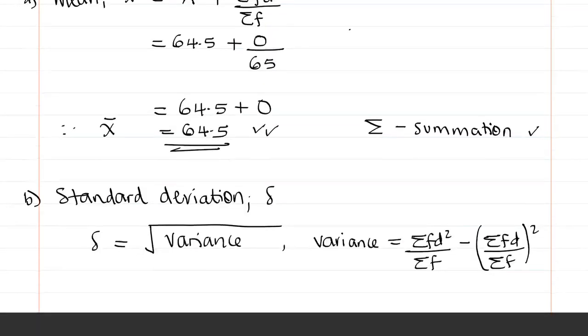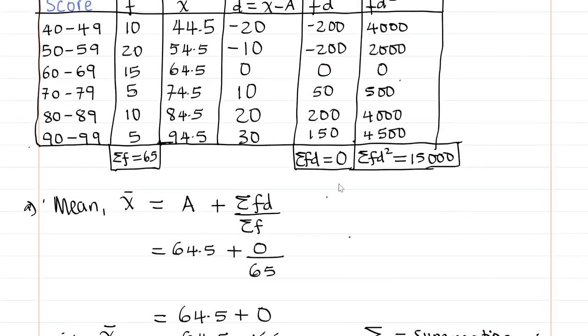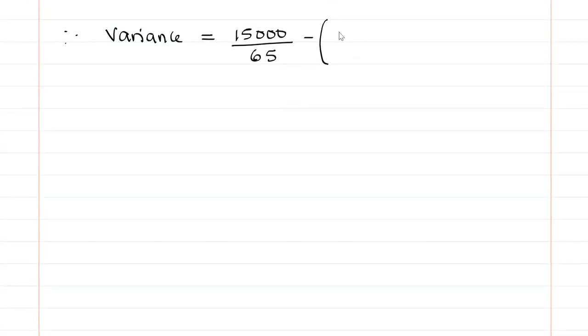We look for the summation of fd. Summation of fd was 0, as you see here. So 0 out of the summation of f, which was 65, but this side says squared.